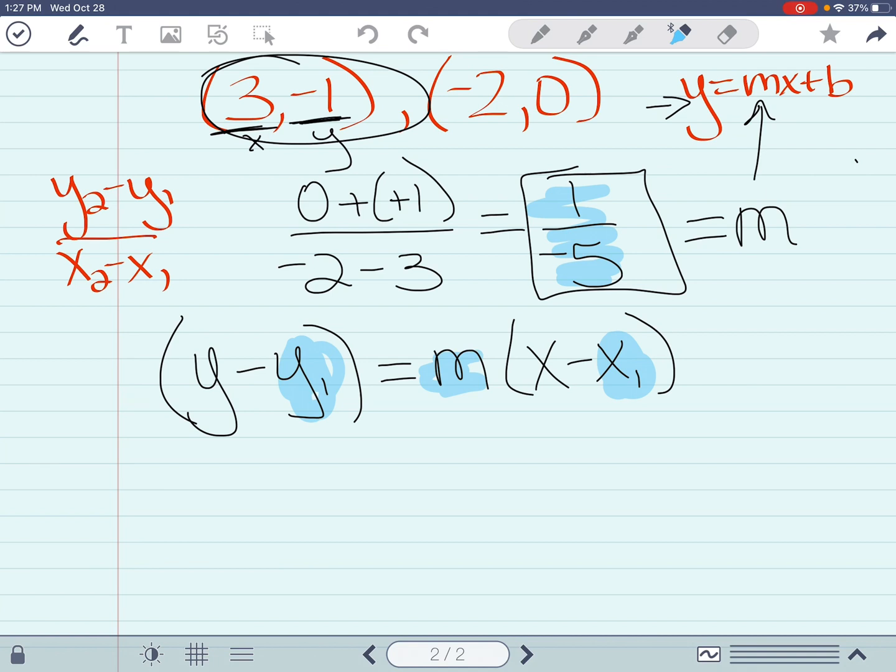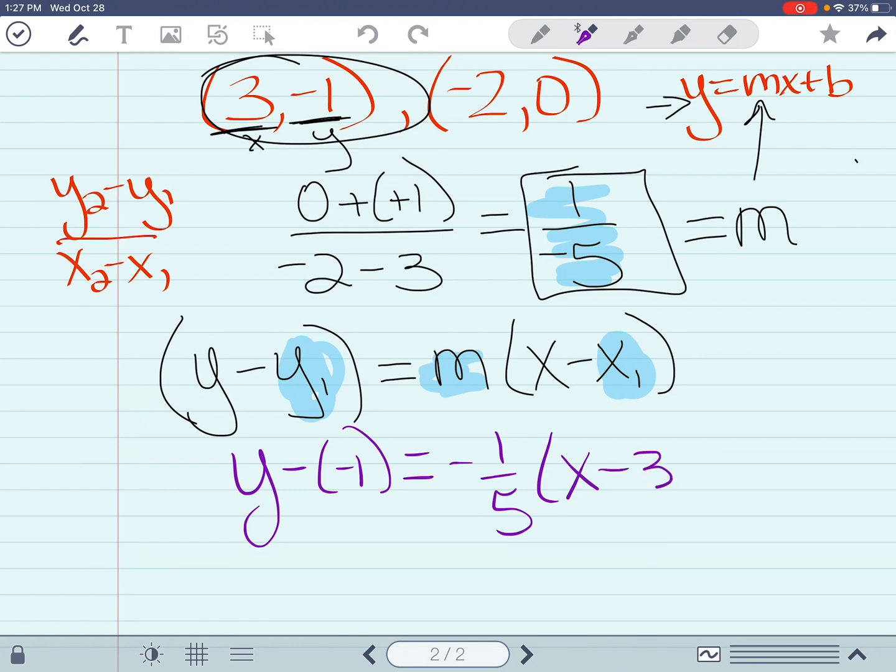Let's see what happens. So we've got y minus -1 equals -1/5 times x minus 3, because that's my x1 value. So on the left-hand side, I'm just going to simplify to y plus 1. On the right-hand side, I'm going to distribute this -1/5.